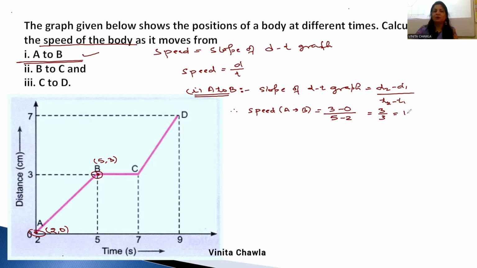And what is the unit? See, distance is in centimeter and time is in second. So the unit of speed is centimeter per second. 1 centimeter per second. So you can see that the object is covering equal distance in equal intervals of time. So the object is moving with constant speed in this time interval.